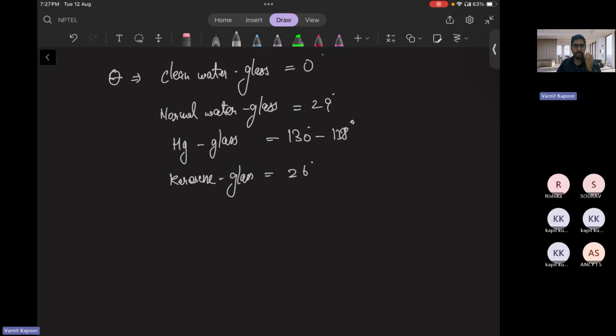So what do we understand by wetting and non-wetting phenomena? Basically, it is a relative phenomenon and it depends on the cohesion between the liquid molecules and the adhesion between the liquid and solid surface. Okay. So wetting and non-wetting phenomena is a relative phenomenon.